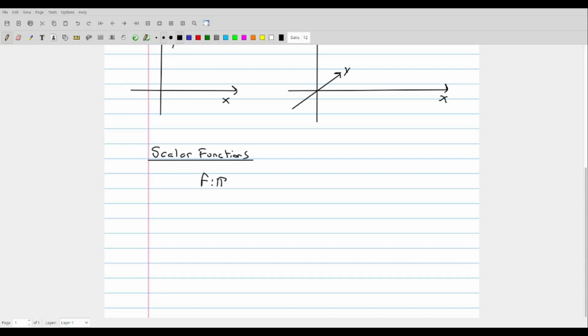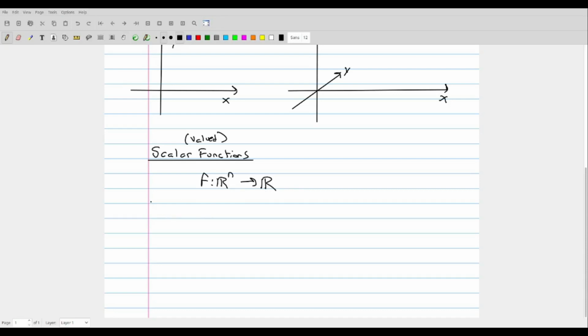They're called scalar functions, or sometimes scalar valued functions, because you're taking a point in a multi-dimensional space and getting out just a value along the real number line.